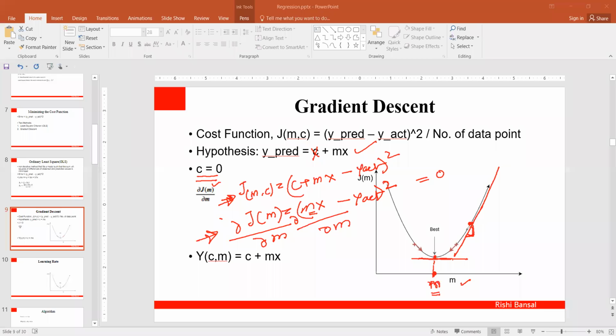Suppose at this point, I will call this point 1. When you differentiated the first time, you got this point, right? Now you are asking what I will do so that I reach the best point. Rishi, for point P1, what values does it have now? Is it X and Y actual? You mean, what is the value of this point? Yes, yes.